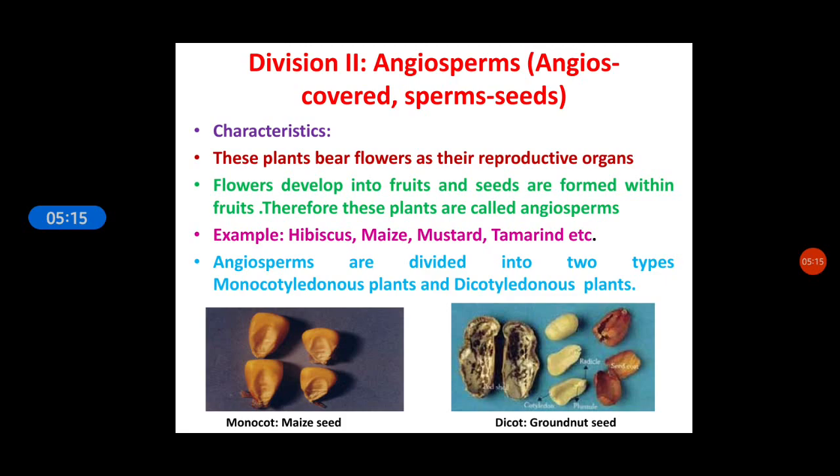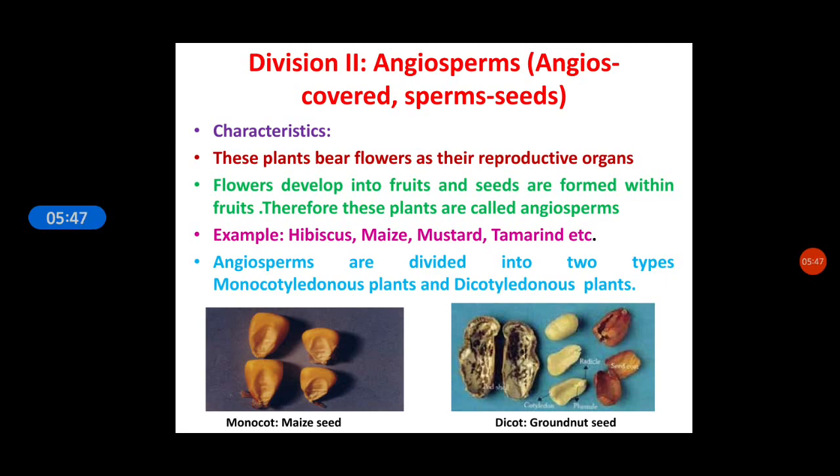Reproduction is of sexual type. Angiosperms are the most evolved group of the whole plant kingdom. Angiosperms provide us with all the crop plants that are used as food and fodder plants. These are economically the most important of all plants. Example: hibiscus, maize, mustard, tamarind, etc.